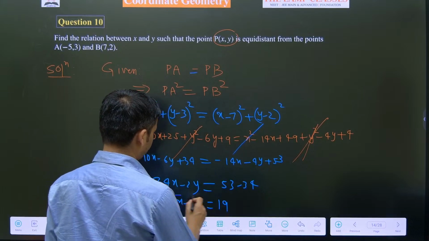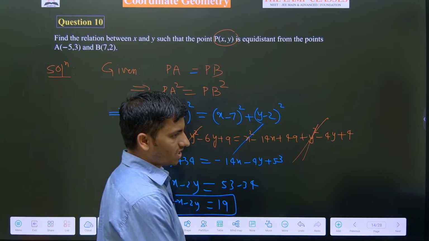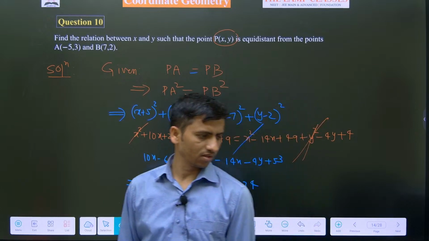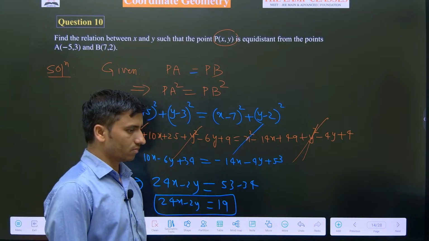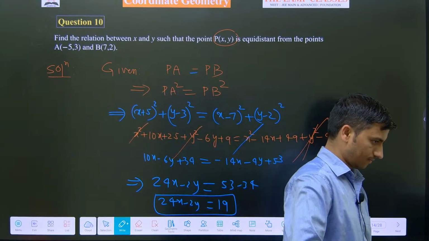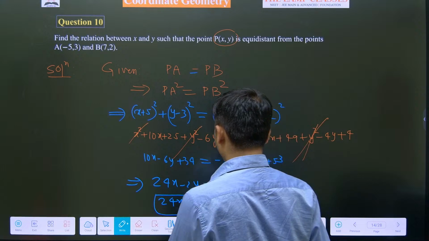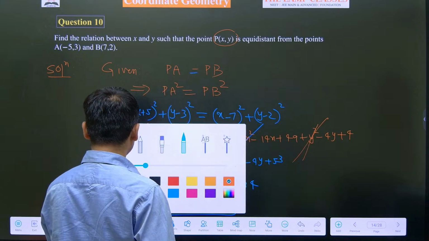$19, right? Yeah, that's the relation, which is actually a line, guys. If you want to understand geometrically what it represents, then see here.